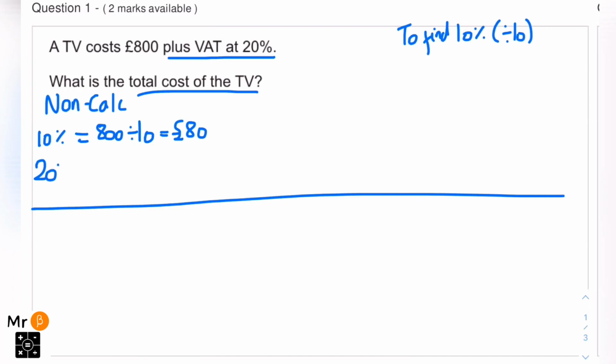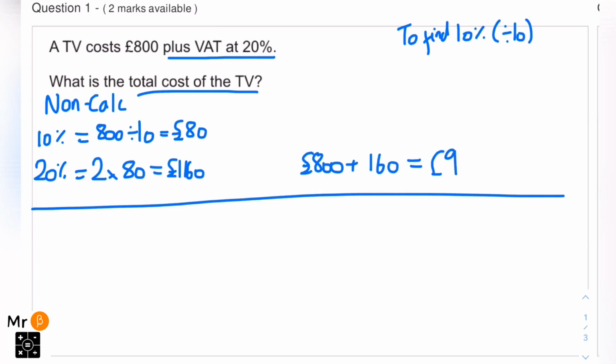So 20% is 2 lots of 10%, so it must be 2 times this £80, which is £160. The total cost then is your original cost of 800 plus this 20%, which was 160, which gives you your final price of £960. That is your non-calculator method.